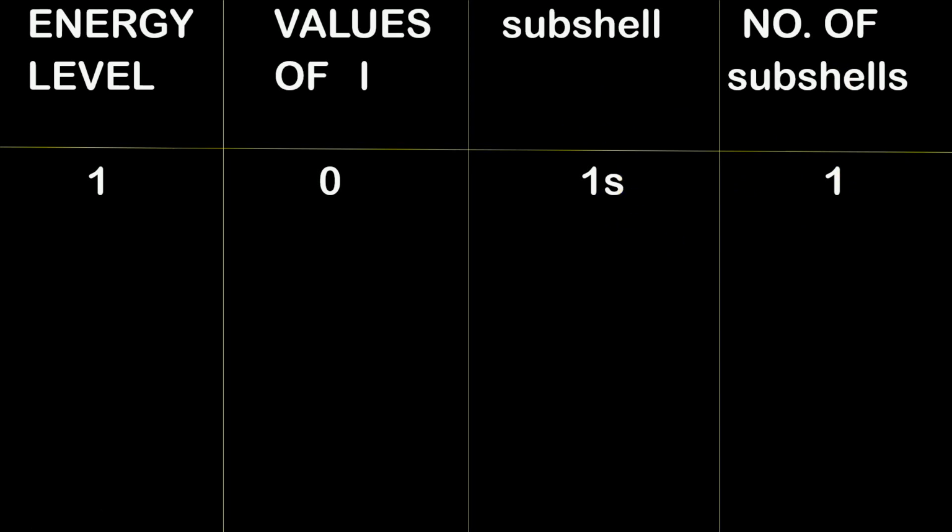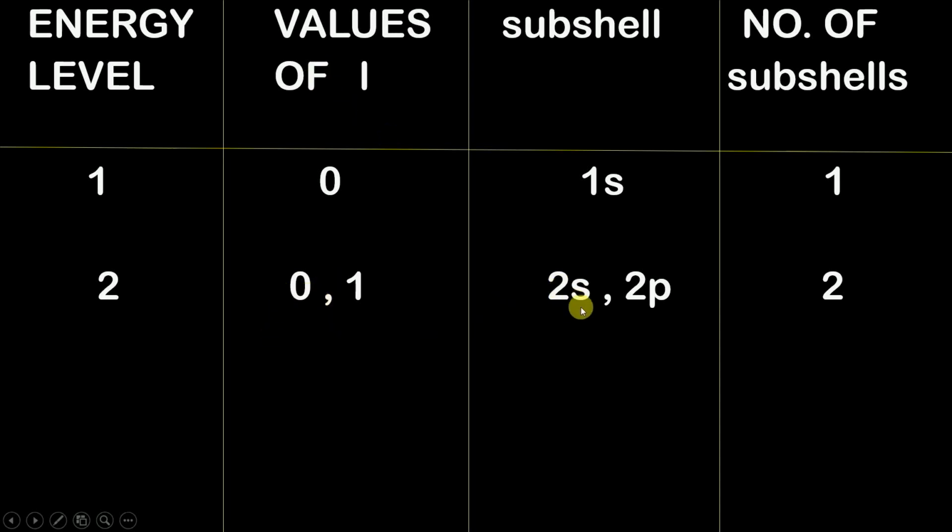Similarly, moving ahead, for the second energy level, what are the possible values of L from 0 to 2 minus 1? From 0 to 1. From 0 to 1, what are the values? Whole numbers 0 and 1. Okay. And as mentioned earlier, the value of L equal to 0 corresponds to S subshell.